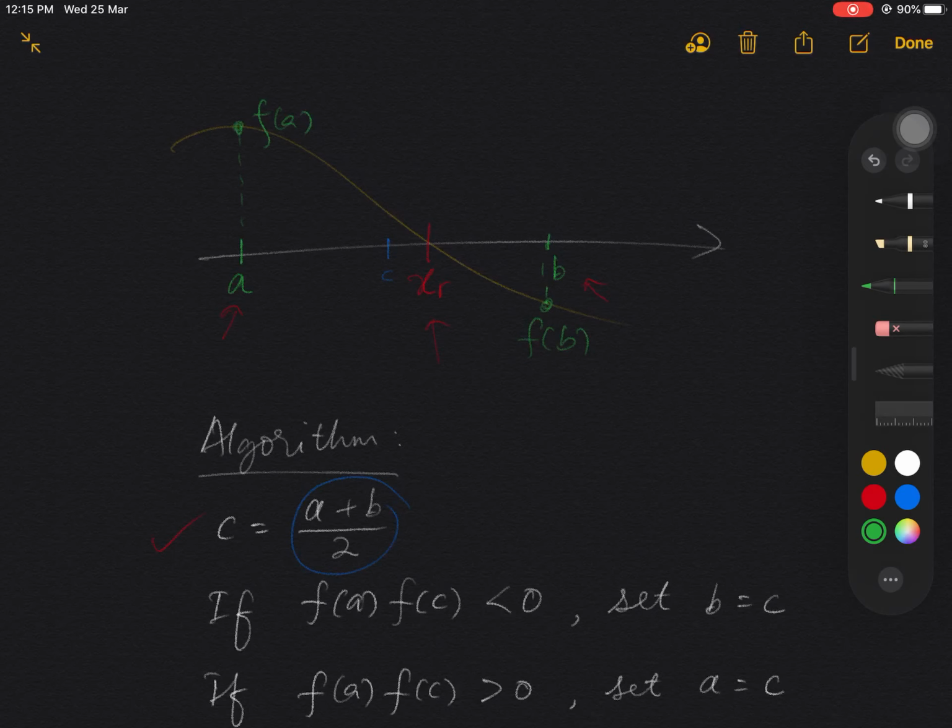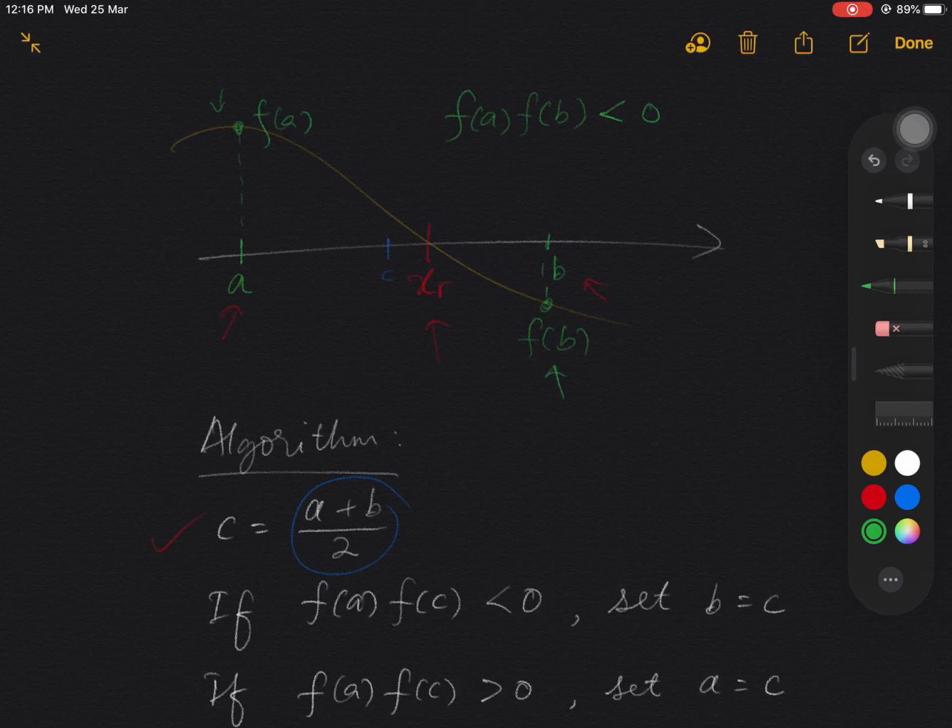Before we proceed, I forgot to mention how to know that a root lies between A and B: by multiplying the values of FA and FB. Since FA and FB are located on opposite sides of the horizontal axis, the multiplication of FA and FB is negative, because FA in this case is positive and FB is negative.